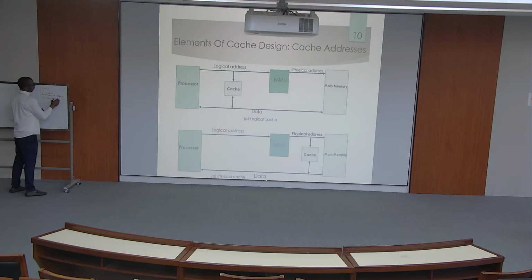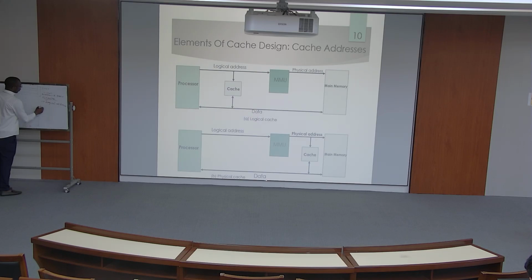That means we have a virtual cache, a logical cache. That means we need to use a logical address to fetch data from the cache memory. That means the system can fetch data from the cache memory without the intervention of the memory management unit. This way is fast.